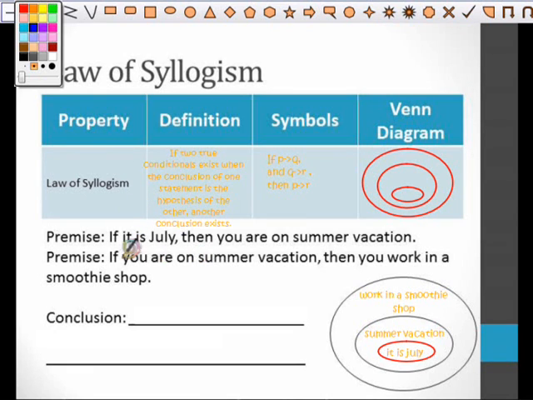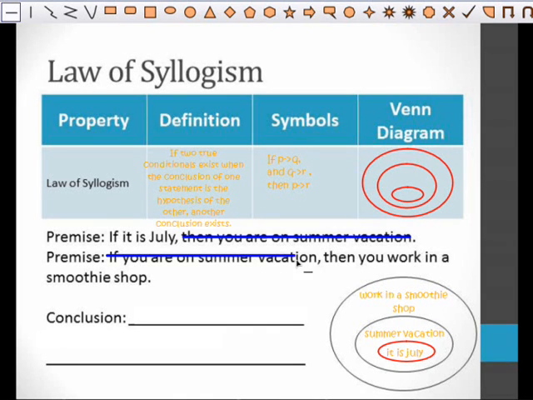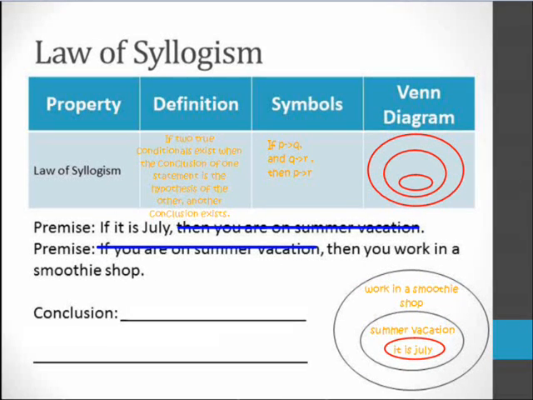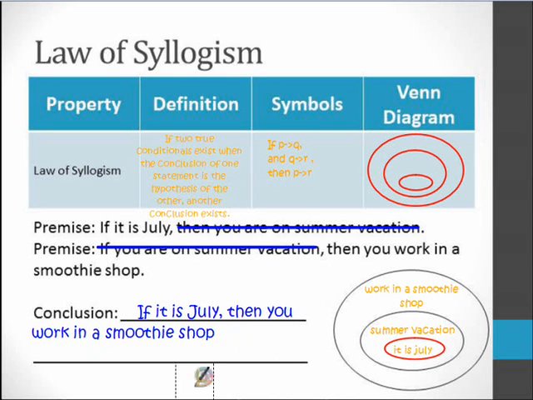If there's a part that repeats, what I'm able to do is eliminate the part that repeats, and then I get the conclusion to the statement. So you're on summer vacation, if you're on summer vacation. So the conclusion is what's left. If it is July, then you work in a smoothie shop. That's the law of syllogism. When we have multiple ifs, we're going to have 3 circles in our Venn diagram, and it makes it easier to do.